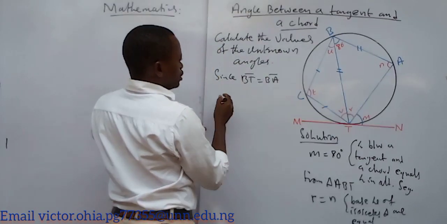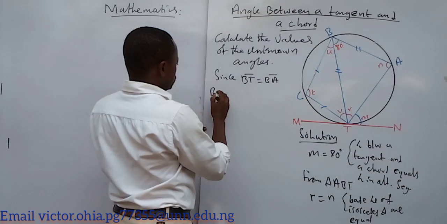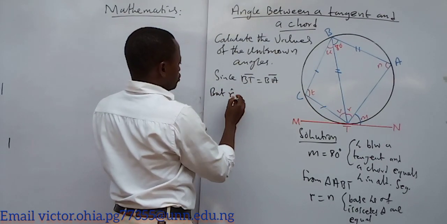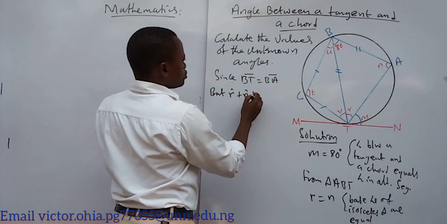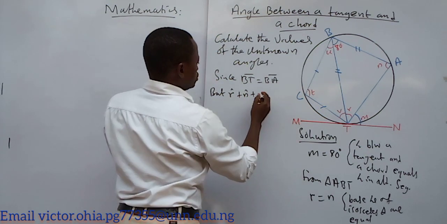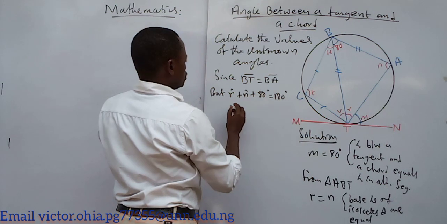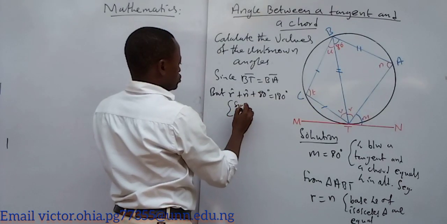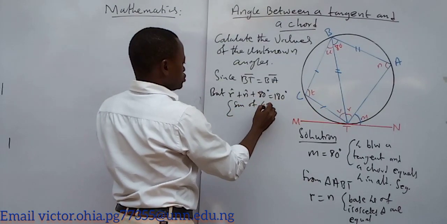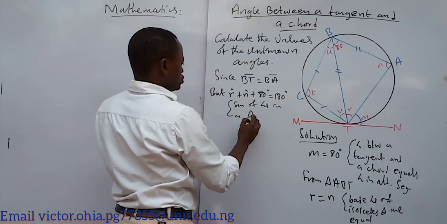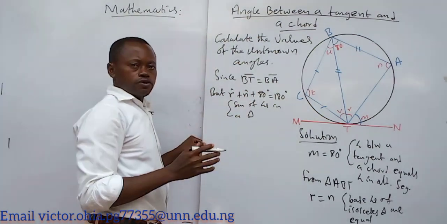Now we can come back again and say, but the angle R plus the angle N plus 80 degrees is equal to 180 degrees. Why? Sum of angles in a triangle. I'm sure you're following what we're doing here.